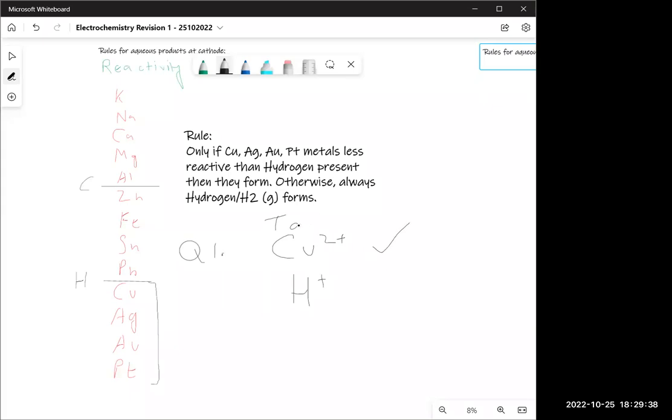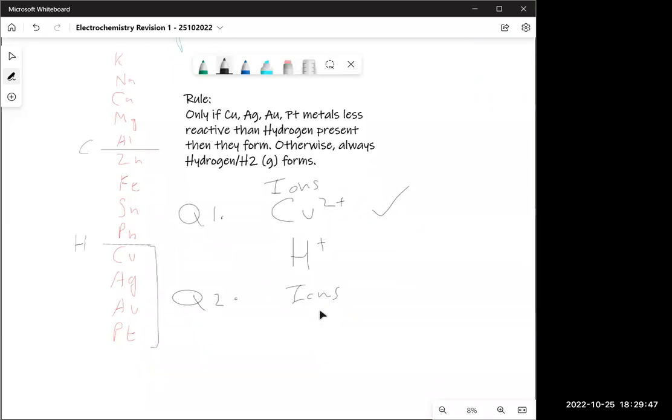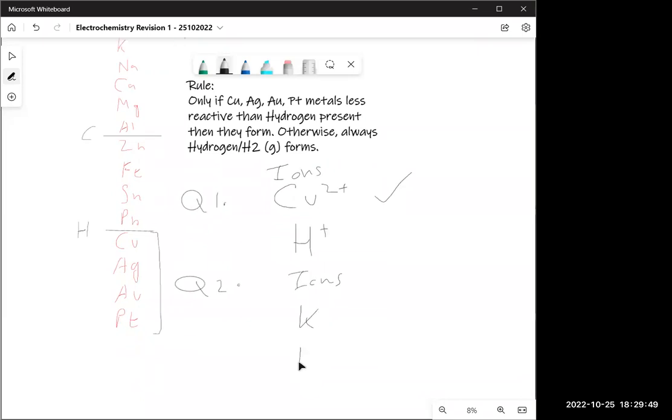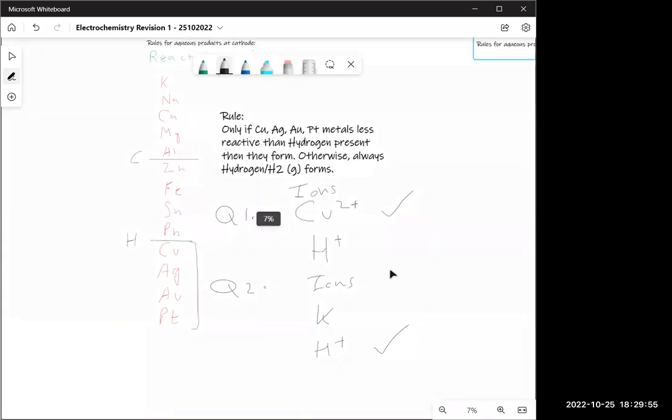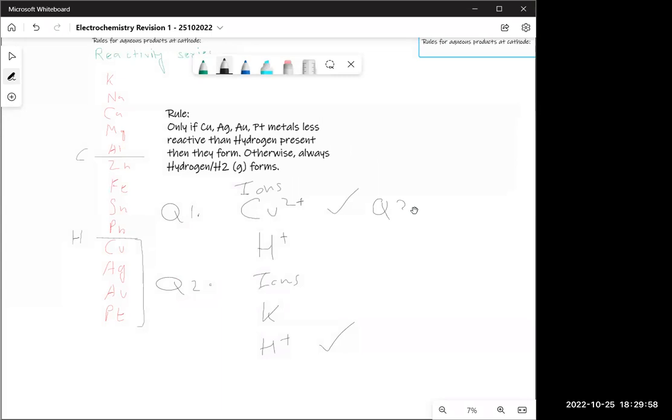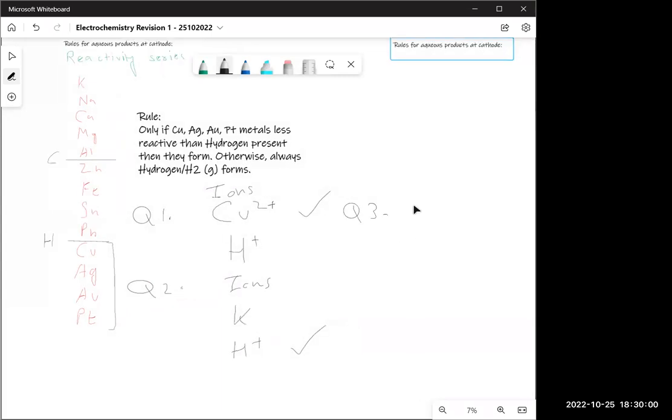Copper. Okay, copper forms. Question number 2. Mavadda, if the ions present are potassium and H+, which will form? Hydrogen. Right. Last question, Diana. If you have Au and H+ present, which will form?